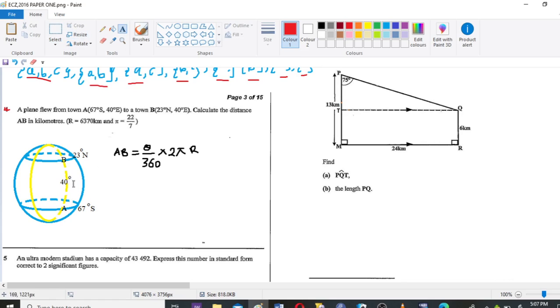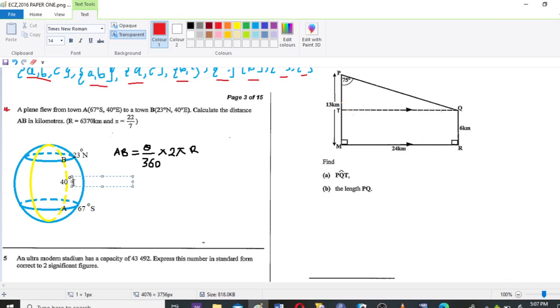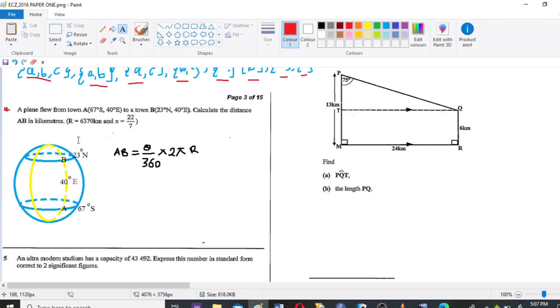So this is how the information in the question can be presented on the diagram.